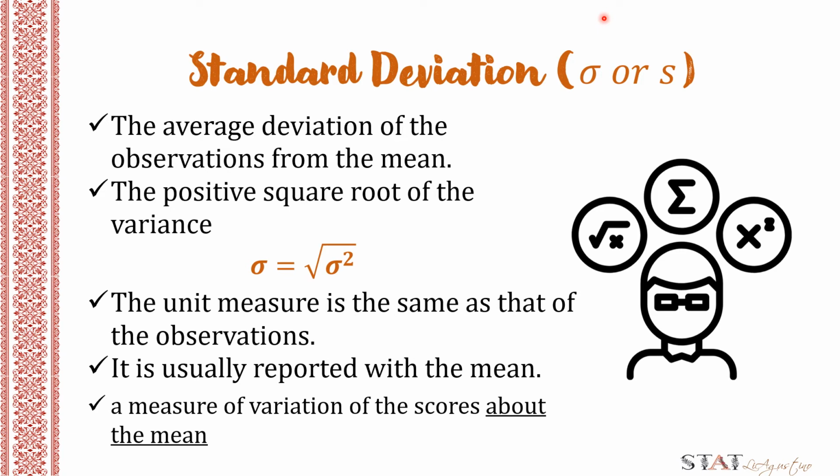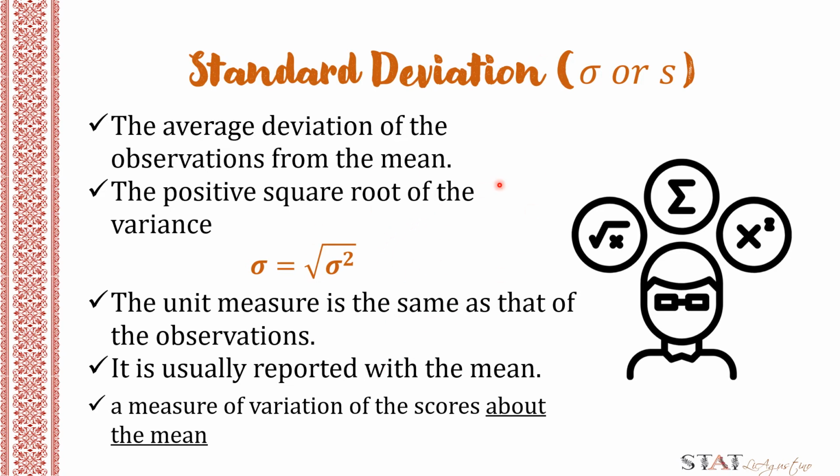Why not use the variance? Because the standard deviation, as I've said, has the same units as the original values, so it is much easier to work with and easy to interpret in conjunction with the concept of the normal curve.